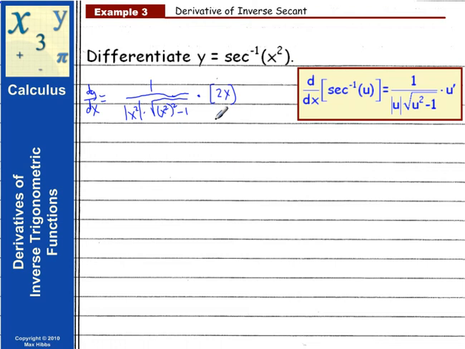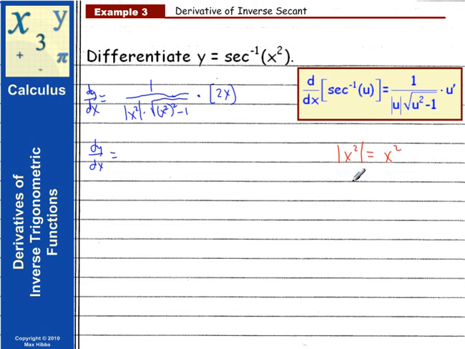Well, I think we can do some cleaning up here, so let's go back through and just do a little bit of algebra. We've done the calculus. Dy dx then is equal to, now before I write this down, I want to make a note to you that the absolute value of x squared is x squared.